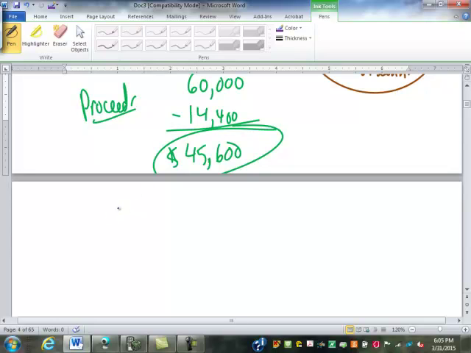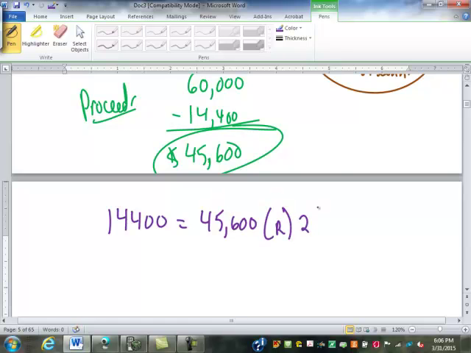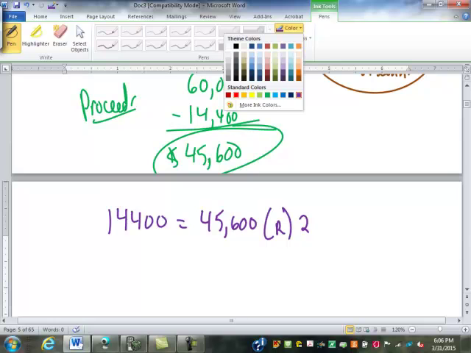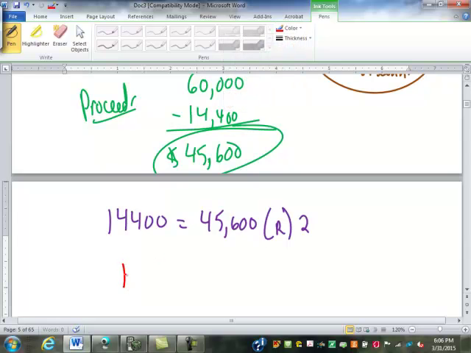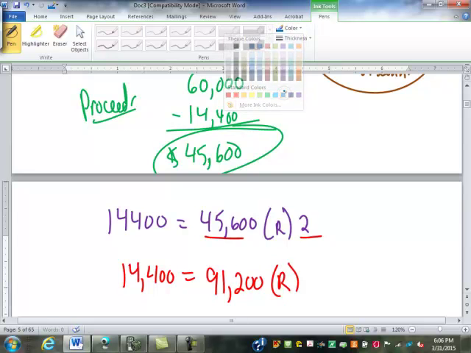So our effective rate, we're looking at $14,400 in interest times $45,600, our effective principal, our actual proceeds, times R times 2. So we combine the $45,600 and the 2 to give us $91,200 times R.